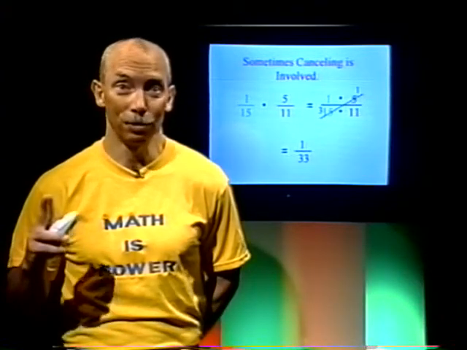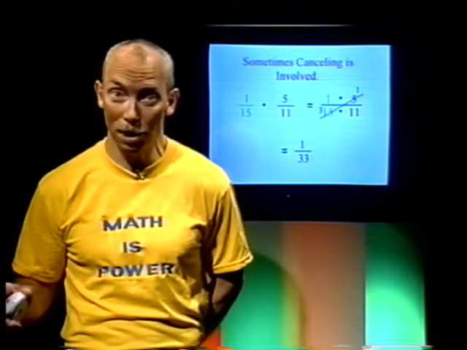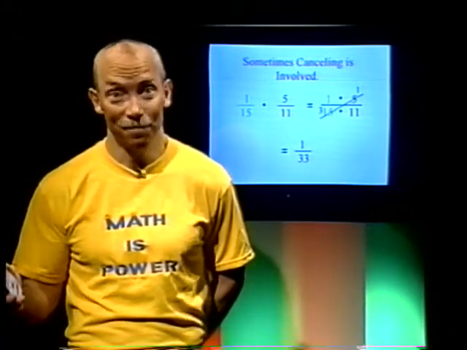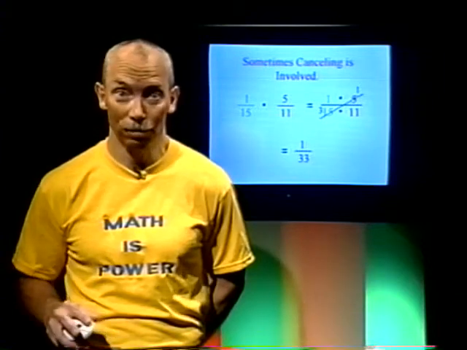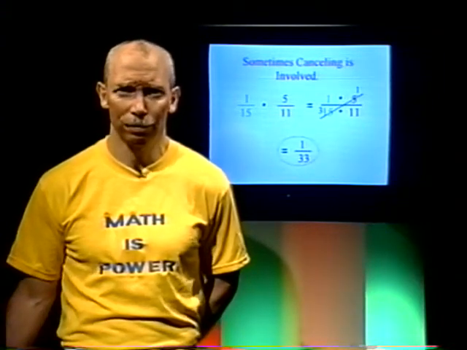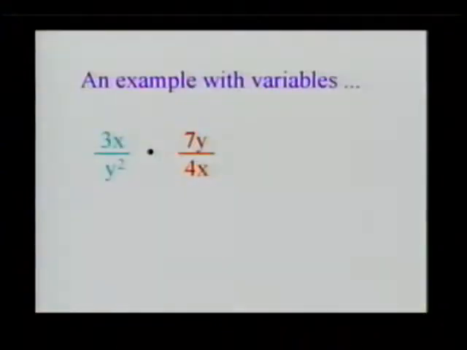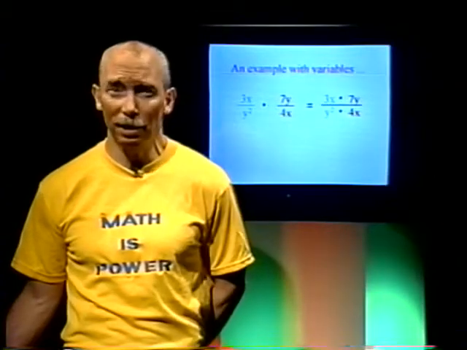We're going to multiply the tops, multiply the bottoms, and if there is canceling, we're going to do it first. Let's take a look at an example. 3x times 7y over y to the second times 4x. But before I do the multiplication, do you see anything that I could cancel?